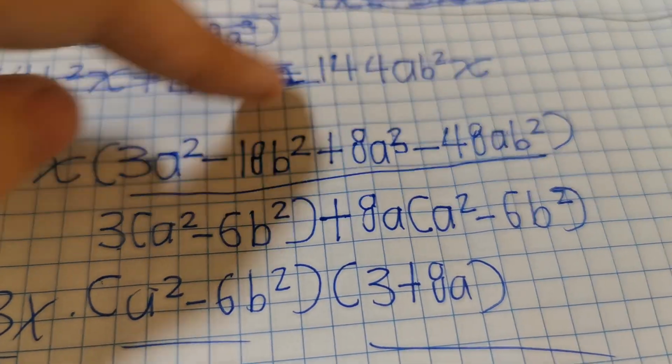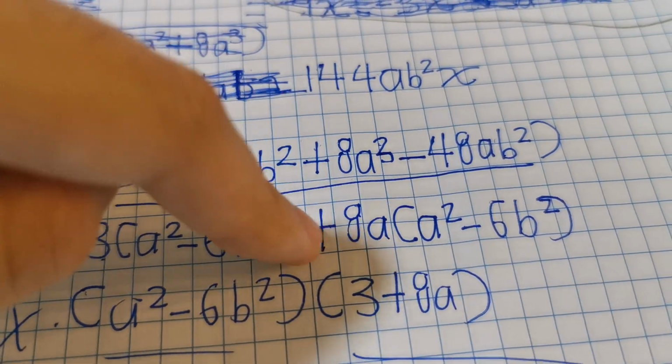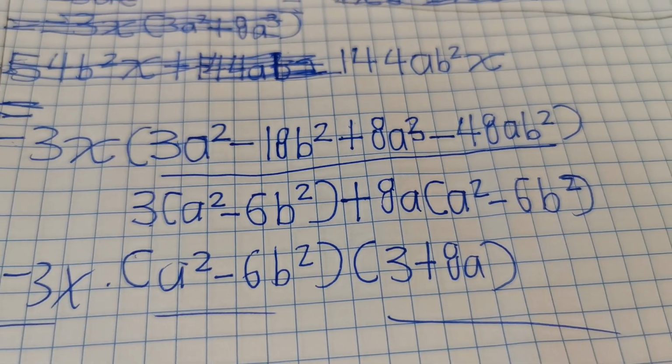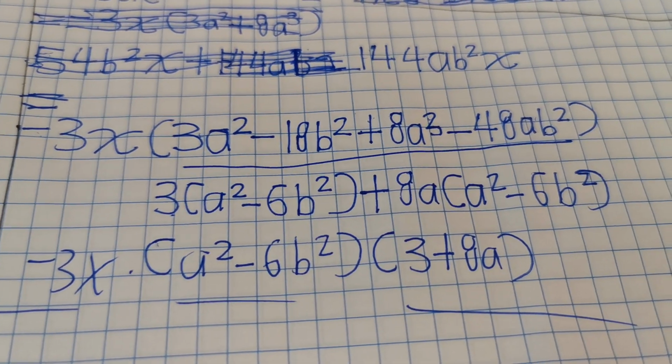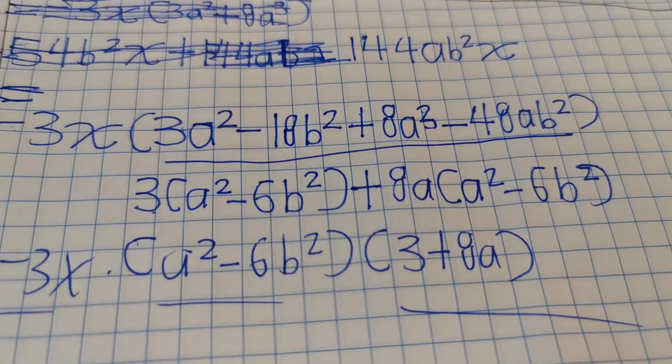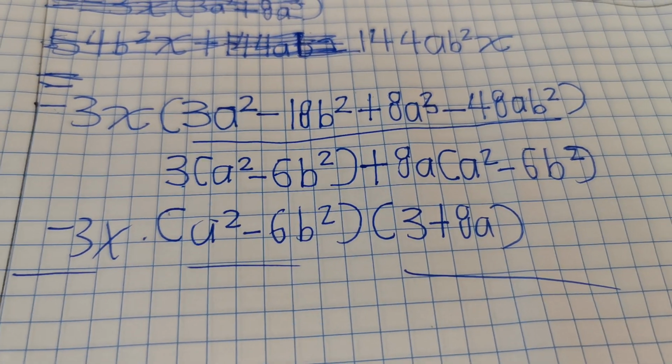Then the first group is 3 bracket a squared minus 6b squared close bracket plus 8a bracket a squared negative 6b squared.